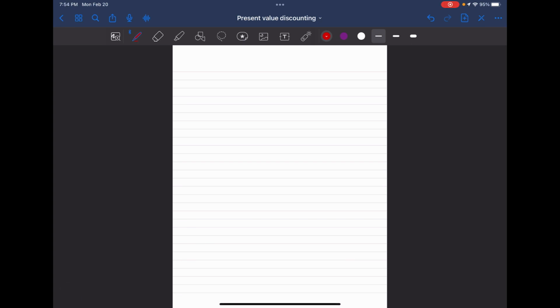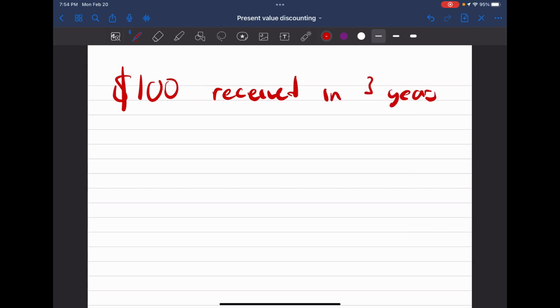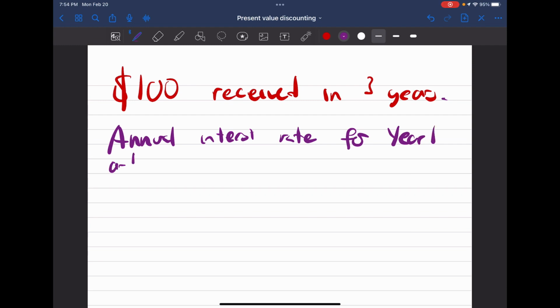So the question is, what is the present value of $100 received in 3 years? And let's say, for complexity, so you understand the concept, that the annual interest rate for, let's say, the first year, year 1, and year 2 is at 10%.